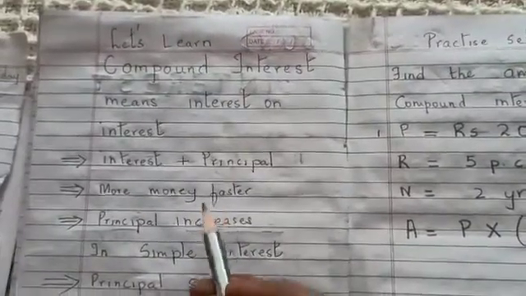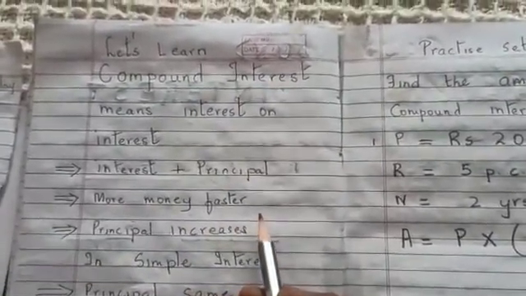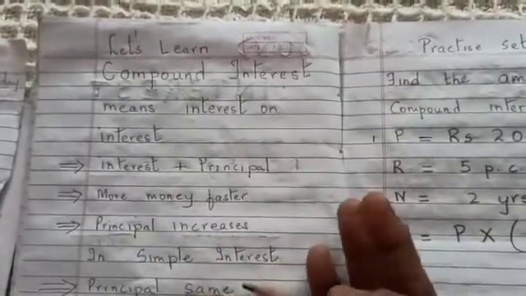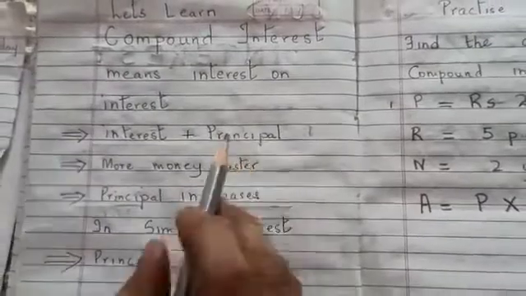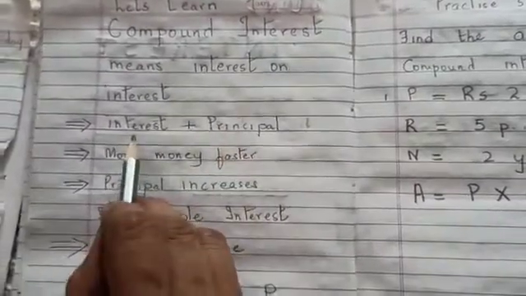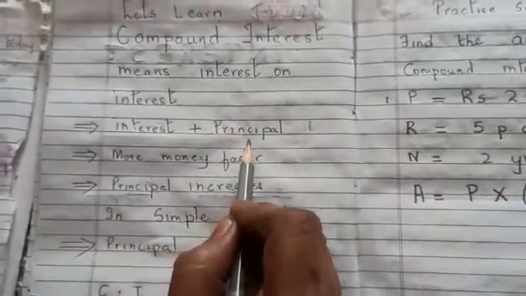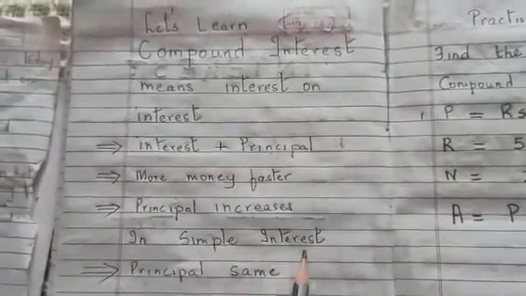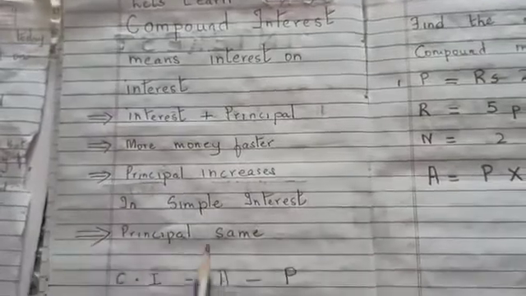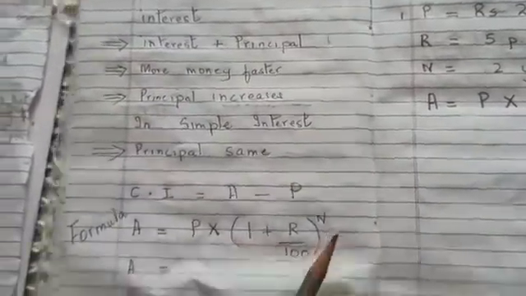The money what we get, that is the increased money, is always faster, because in compound interest the interest is added to the principal, whereas in simple interest the principal remains the same.